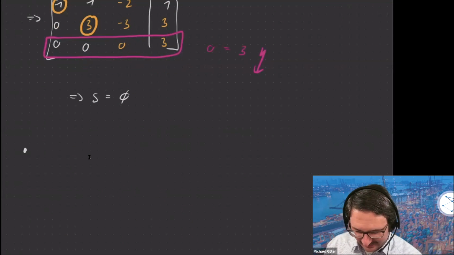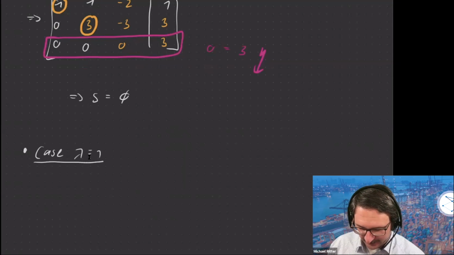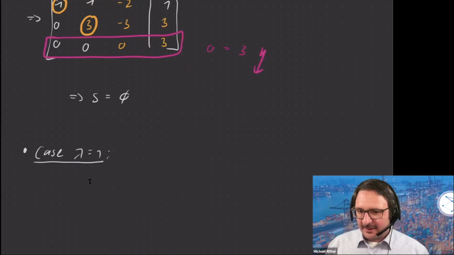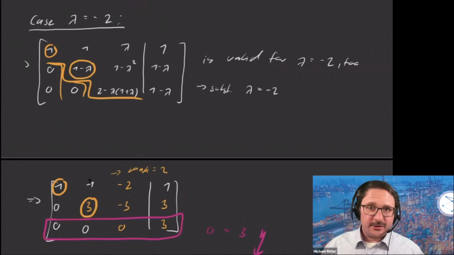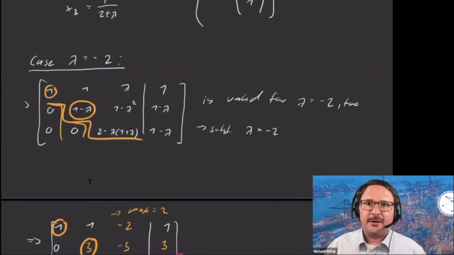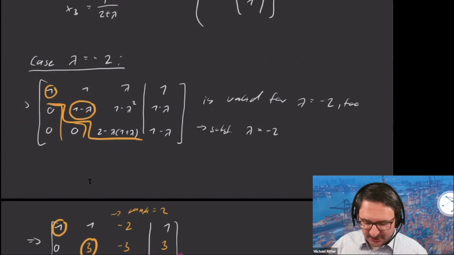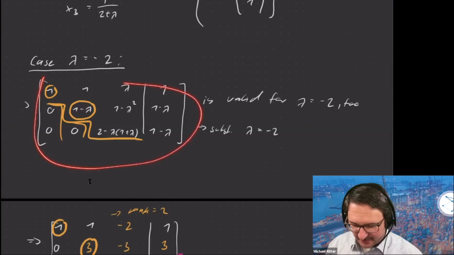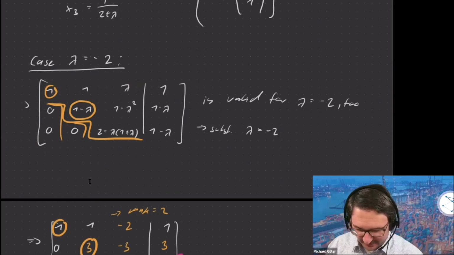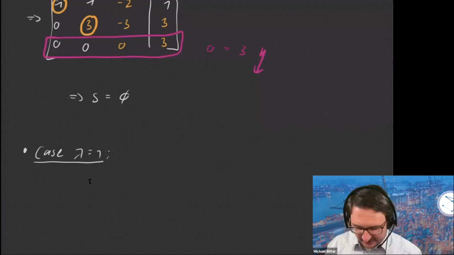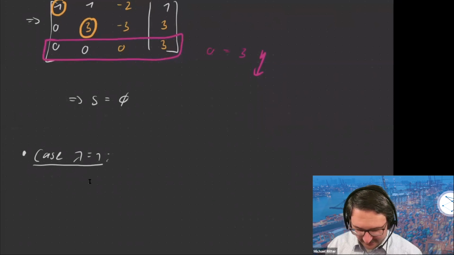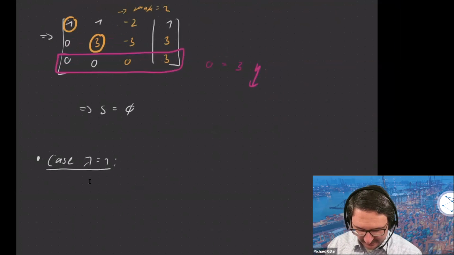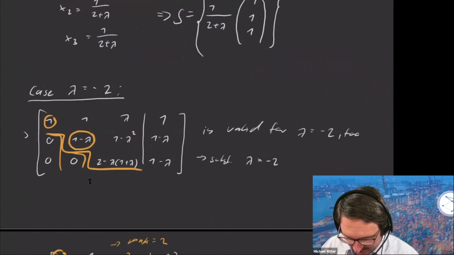Last case, let's quickly do that as well. Case lambda equals 1. Now again, we did not use that assumption that lambda was not equal to 1 up to that very first case distinction. So we can again use that same echelon form here.